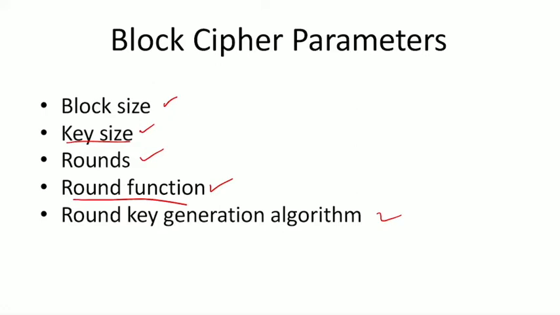Block ciphers take a symmetric key as input and they expand this key into multiple keys, one for each round. Therefore, each block cipher has a round key generation algorithm as well. But this is not the same as a pseudorandom number generator, because typically here we just need around 10 to 16 keys, because we have around 10 to 16 rounds usually.